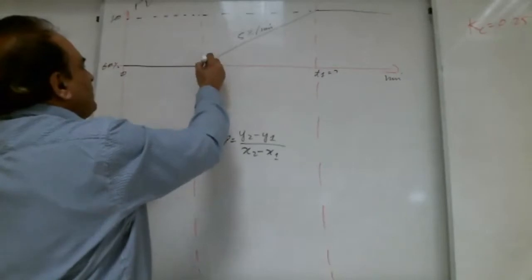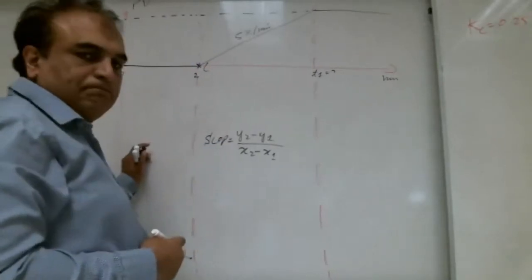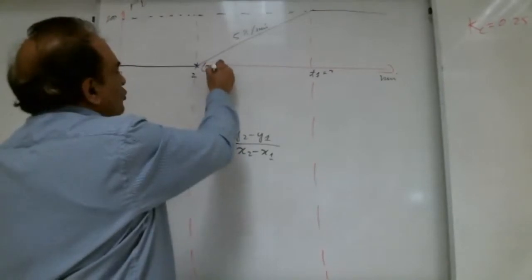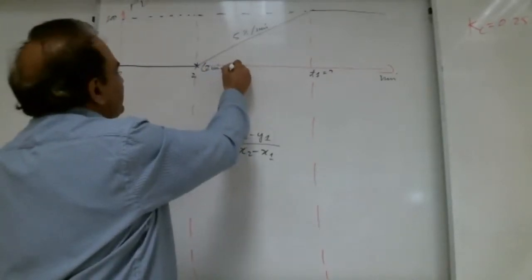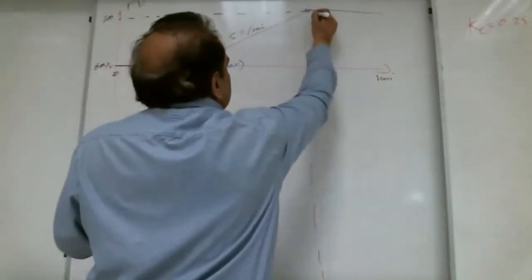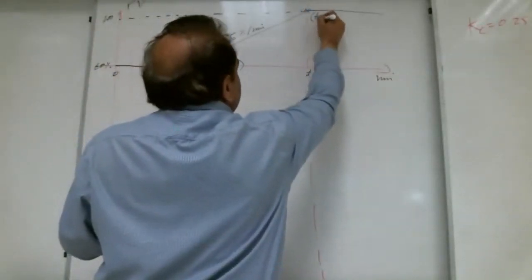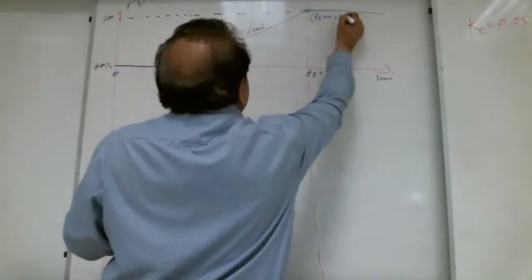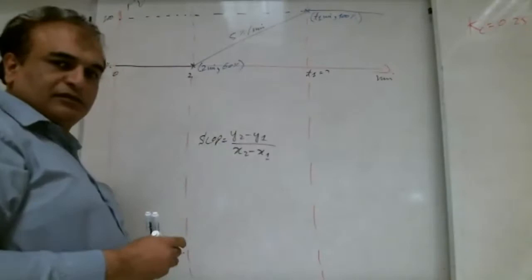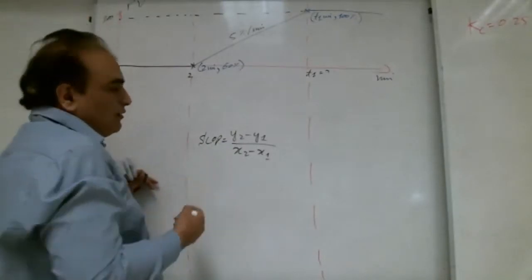What is this point, Shabab? T1 is 2 with the 60%. What is this point? T1 minutes, 100%. So how much is the slope here? 5.